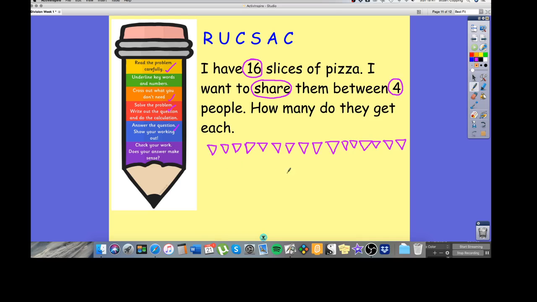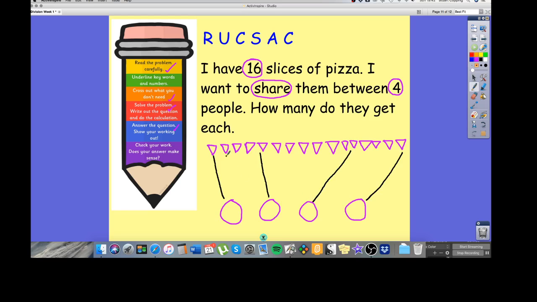I now need 4 groups. So I'm going to put 4 plates. 1, 2, 3, 4. Okay? And I want to share these out equally. So that one's going to go there. That one's going to go there. That one's going to go there. And that one's going to go there.